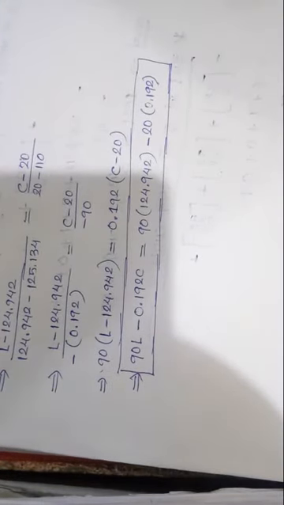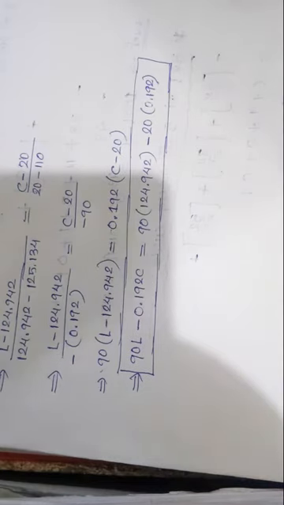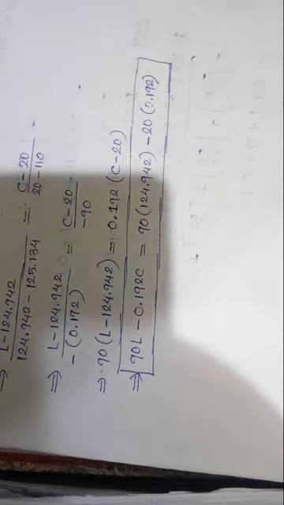It is of the form Ax plus By plus C equals 0, but not exactly, since here the relation is in terms of L and C, length and temperature. So that's it. This is a really interesting question which can be easily solved with the help of the equation of a line where the two-point form is given. Another question is also similar, so try to solve it yourself, and here we stop now. Thank you.